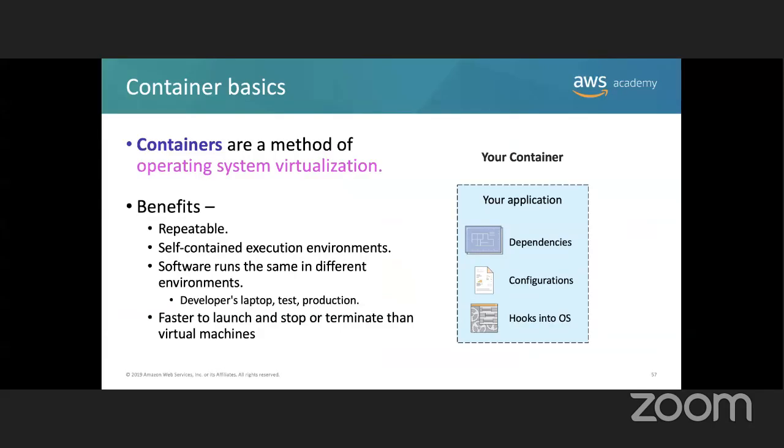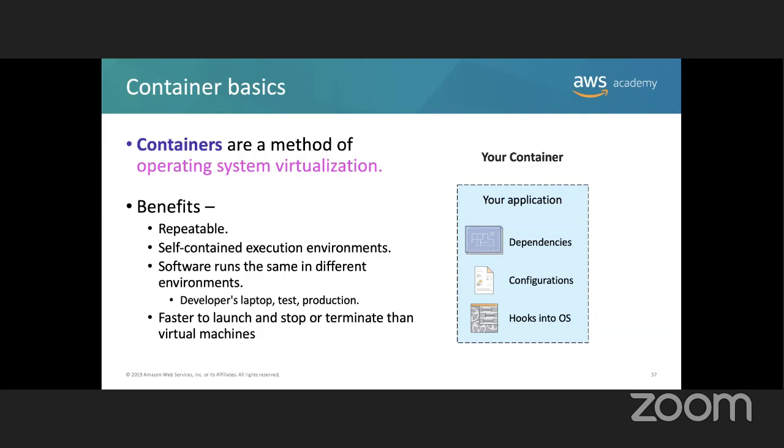Container services. This is a method of operating system virtualization. You're virtualizing your operating system. Benefits: repeatable, self-contained. That's one of the main benefits, self-contained. It means that other instances that are in other containers don't have any dependencies.